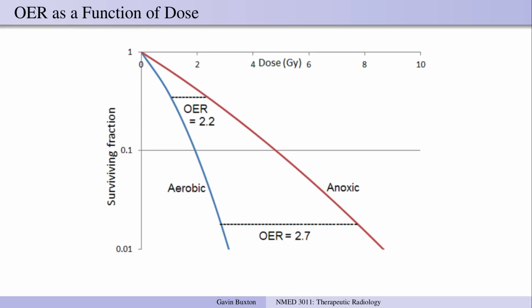As we've seen, the oxygen enhancement ratio varies with dose, as can be seen in the survival curves here. Aerobic or oxygenated and anoxic or oxygenless systems are contrasted, and the oxygen enhancement ratio goes from 2.2 at lower doses to 2.7 at higher doses.